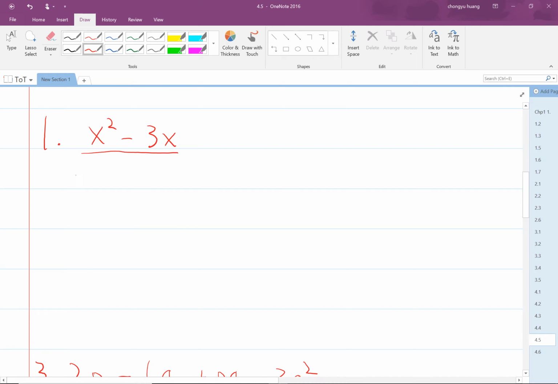Since this is the first one, it should be really easy. You can see x is the greatest common factor among those two terms, so you factor out x, and it becomes x minus 3 inside the bracket. You put x outside the bracket and write x minus 3 inside. Now we've finished factoring problem 1.